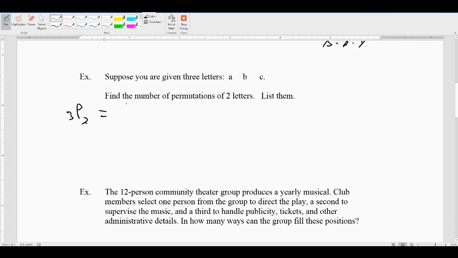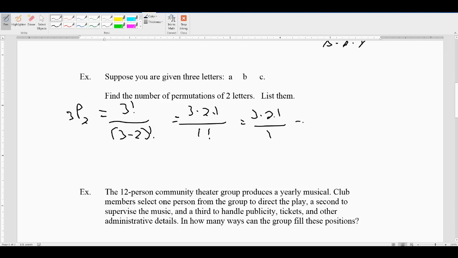If you want to do it by hand, we do 3 factorial over 3 minus 2 factorial. 3 factorial is the same as 3 times 2 times 1. And 3 minus 2 is 1 factorial. So that's 3 times 2 times 1 over 1, which is 3 times 2, which is 6.